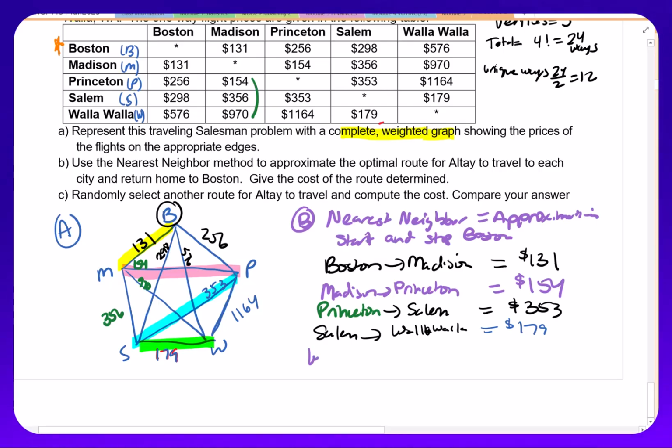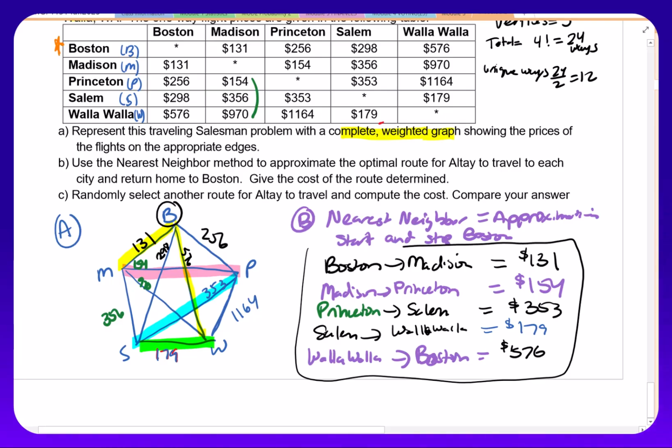So your last step is to go Walla Walla, and you have no choice of what flight to take. You have to go back to your home base, which is Boston. So in this case, we will have to go back to my original city, and you will have to use that 576.